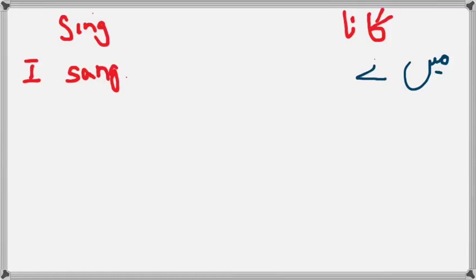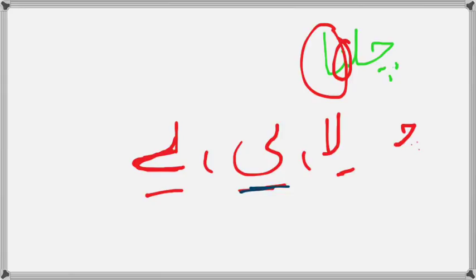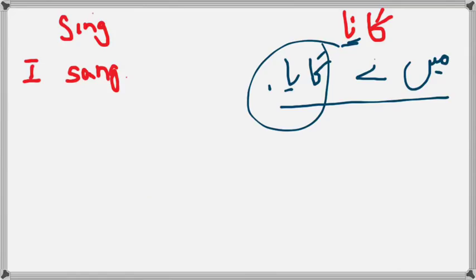So we don't write Gana, मैंने गाया. So instead of Gana we say Gaya. मैंने गाया, I sang. And this is the kind of verb in which we write the same thing for male and female. We will talk about these verbs and the other verbs in which we use li for female in another tutorial. But right now we will just take the examples. I sang, मैंने गाया.